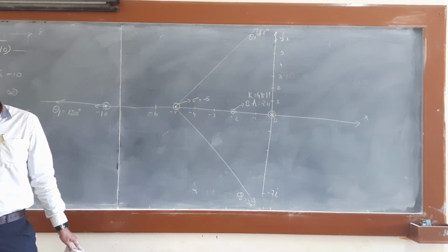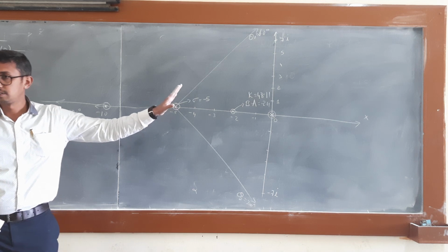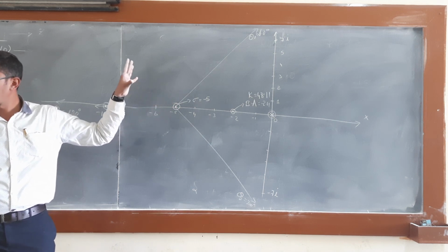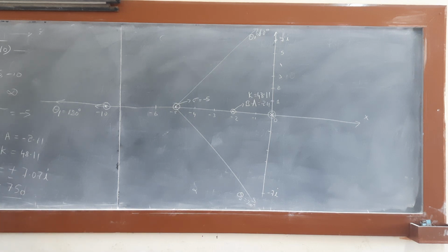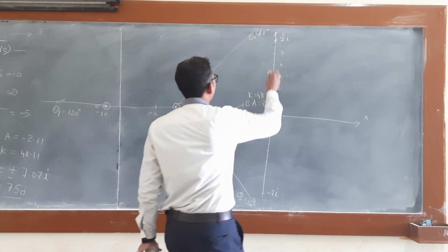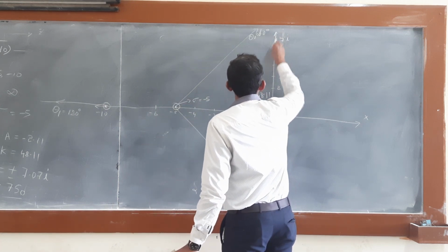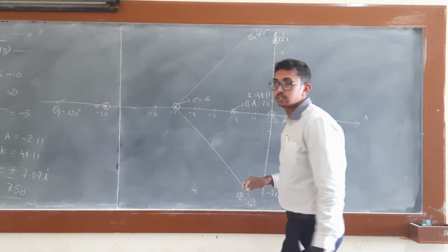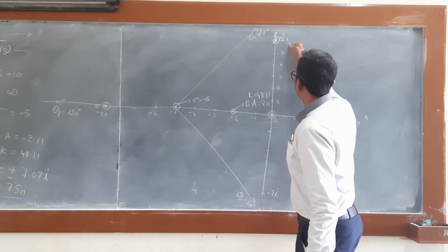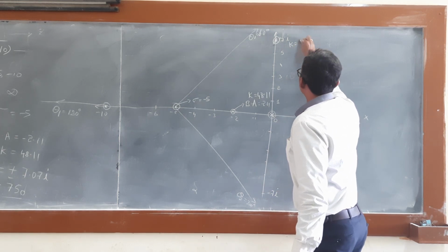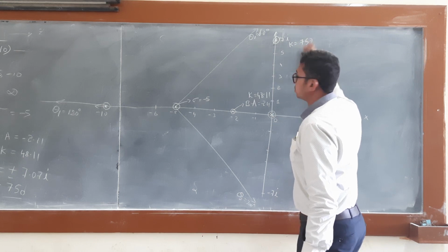Is it clear? Now first I am going to mark it. Okay, what are the different points that are there? I am going to mark them. So after this, what did we find out? We found out the intersection of root locus with the imaginary axis. It is going to intersect at plus 7.07j. Correct? Yes, sir. So what is the value of K here? 750.